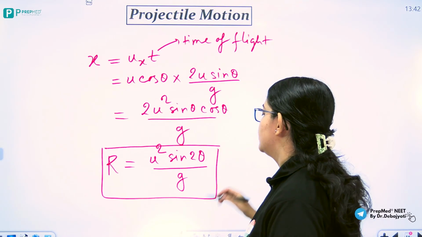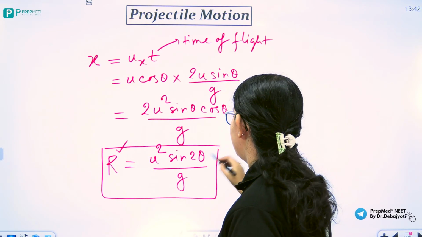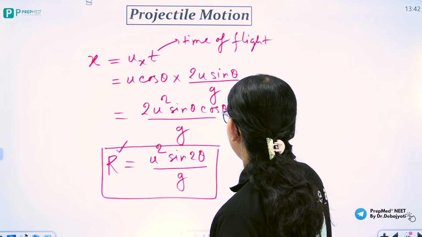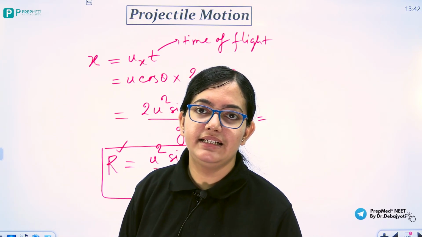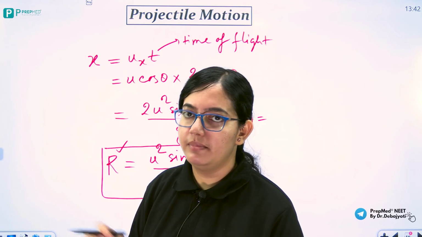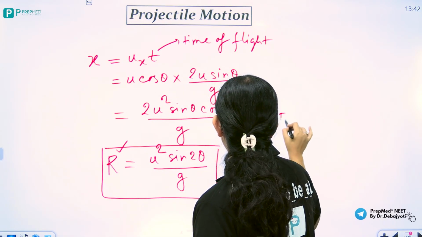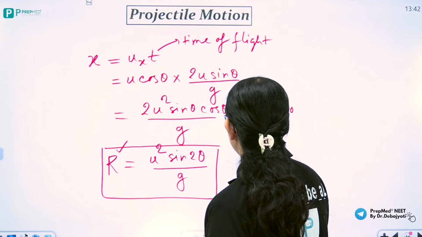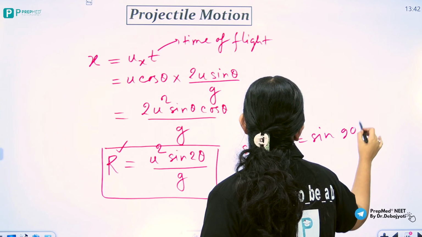Okay. So in this case, this is the horizontal range, and can you tell me what is the value of theta for which R is maximum? We know that sin 90 degree is maximum, I mean it has the value of 1. Then if theta is 45 degree, then sin 2 theta becomes sin 90 degree, that is 1.